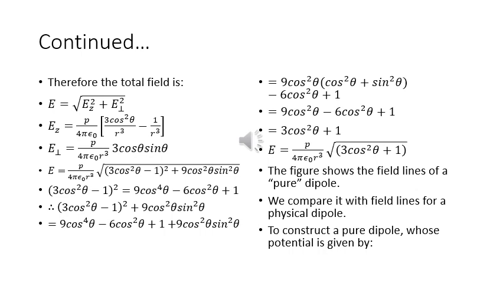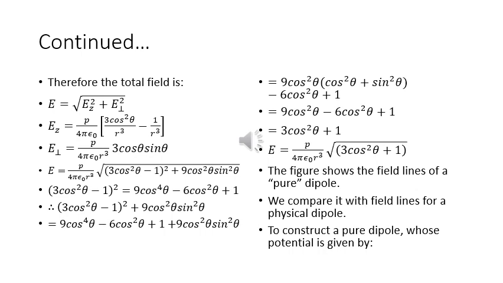Cos square theta plus sin square theta is equal to 1. So we are left with 9 cos square theta minus 6 cos square theta plus 1. We finally get 3 cos square theta plus 1. So the expression for the resultant electric field becomes p upon 4 pi epsilon naught r cubed under root of 3 cos square theta plus 1.